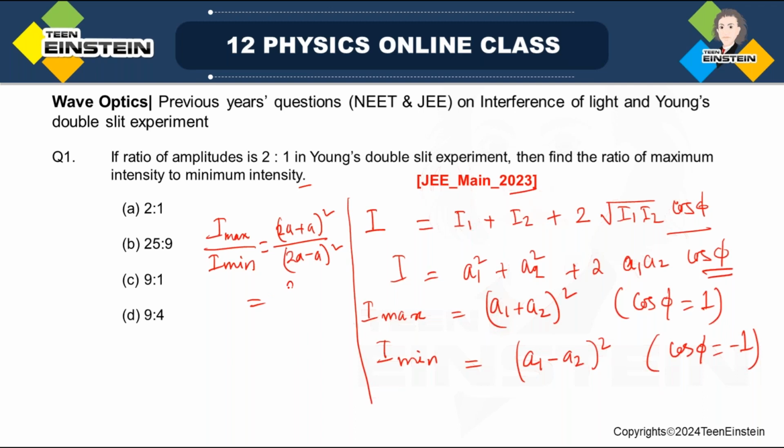This gives rise to 9 by 1, or 9 is to 1. So option C will be the correct answer for this question. Students, you have to remember this master formula for intensity, both in terms of amplitude and intensity. All right, so this is the answer.